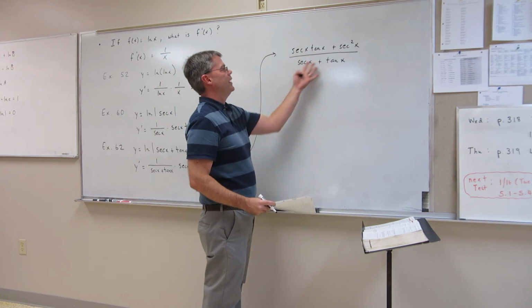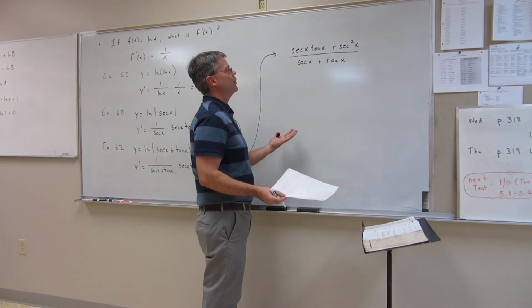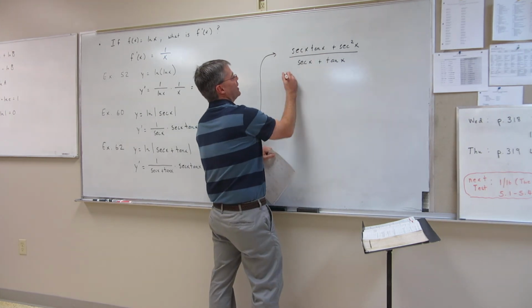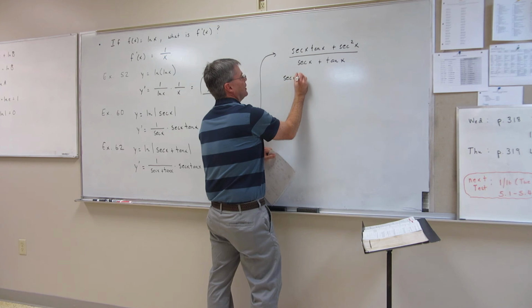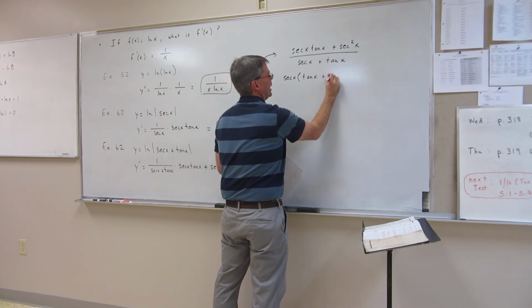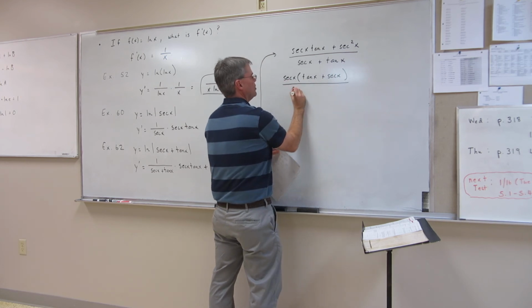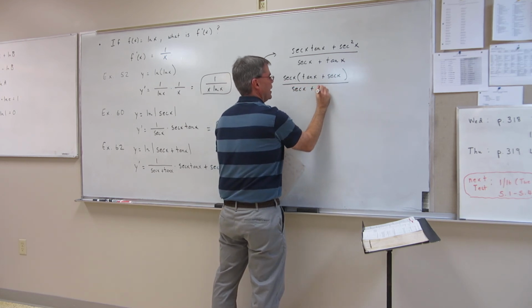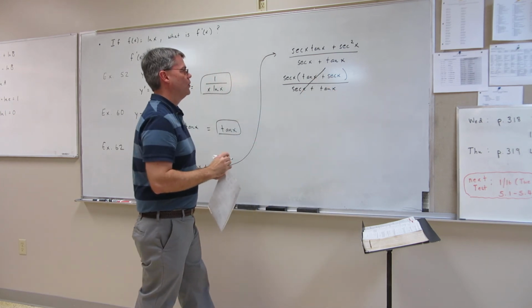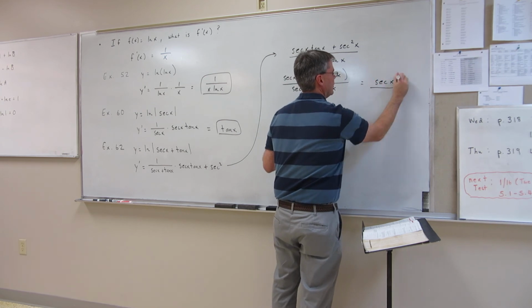This is the correct answer, but if you want to get full and complete credit on a test question, I would want you to simplify just a little more. We could factor out a secant x out of the top. And so you'd have tangent x plus secant x. And then on the bottom, we have secant x plus tangent x. And so those will cancel, so that all that is left is secant x.